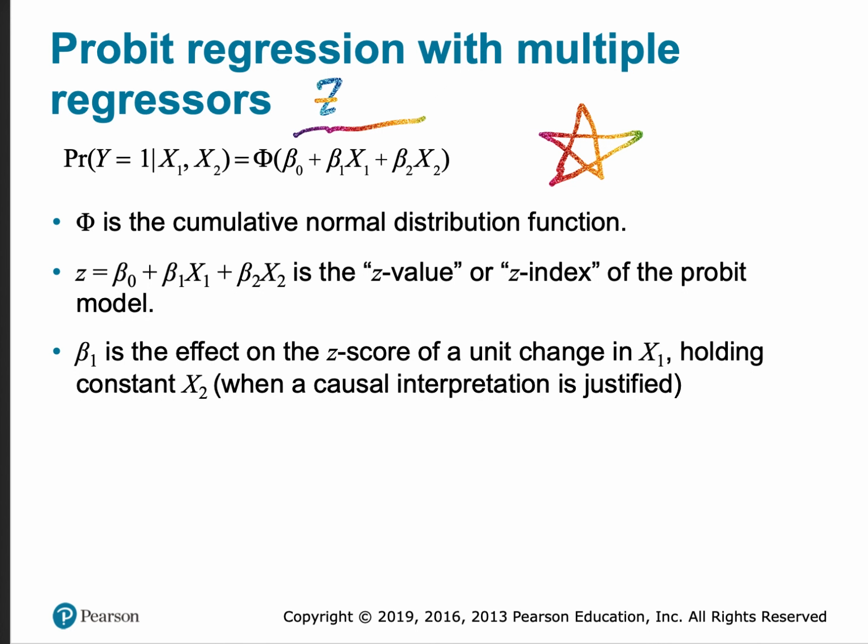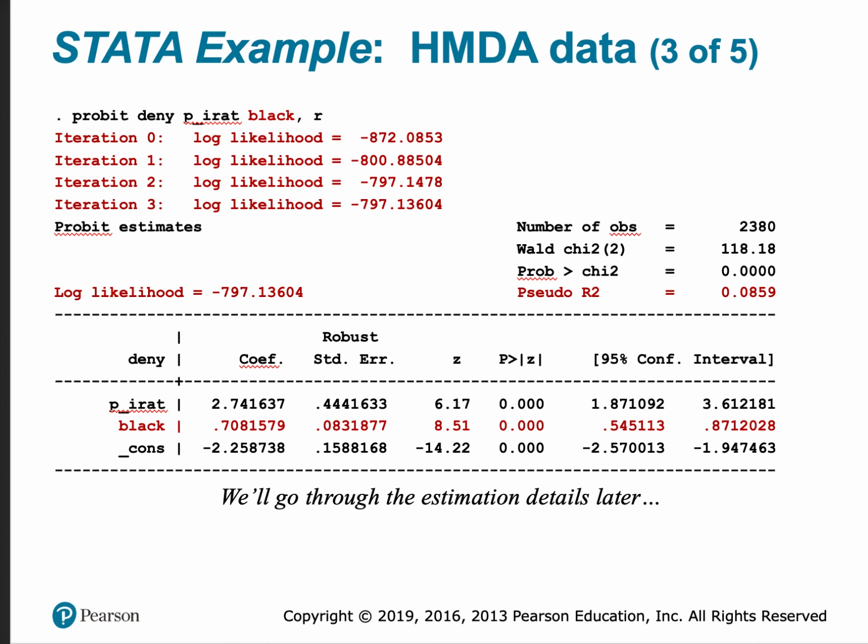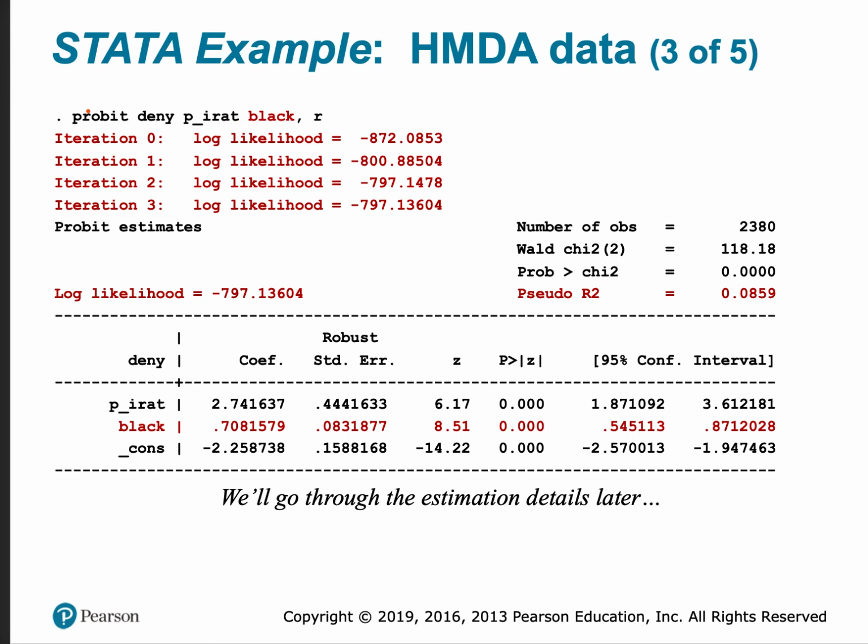So let's look at our example where we have also added an additional variable, and in this case the additional variable is a dummy variable. The dummy variable is black equals 1 if the applicant is black. And so we have run the following code: probit deny p_irat black, robust.